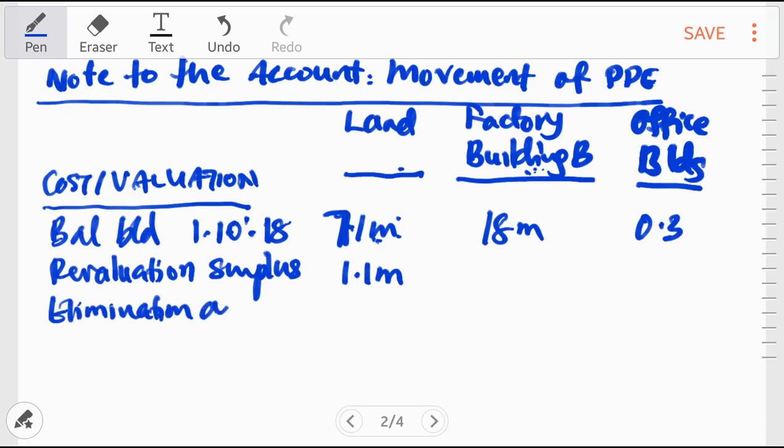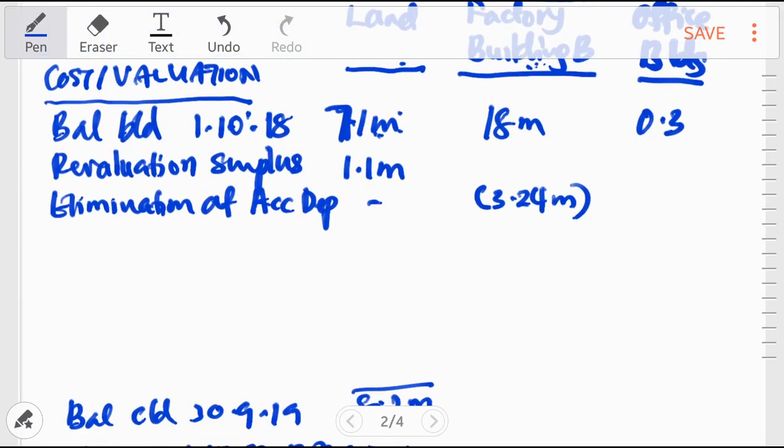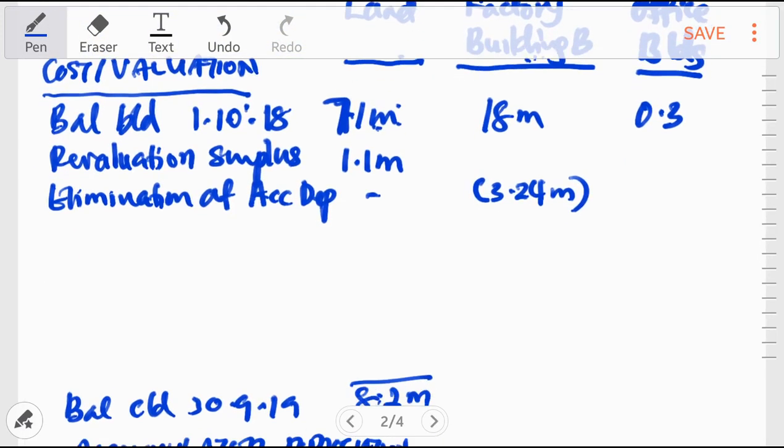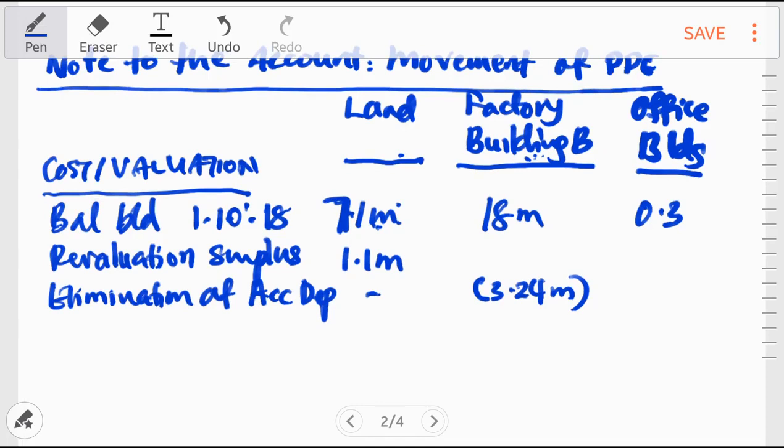One is the elimination of accumulated depreciation. When there is a revaluation, the depreciation pertaining before the revaluation took place must be eliminated. So we do that first, and that was 3.24 million. When you eliminate, you debit your accumulated depreciation and you credit your building, and that's why you deduct here.